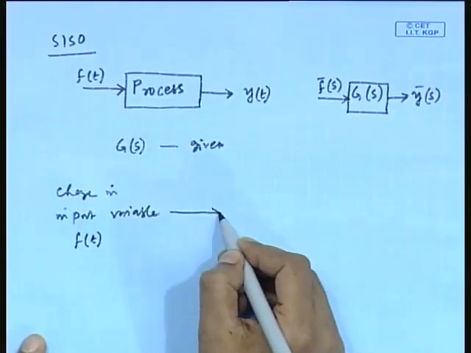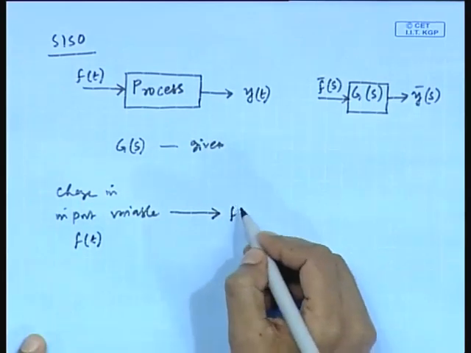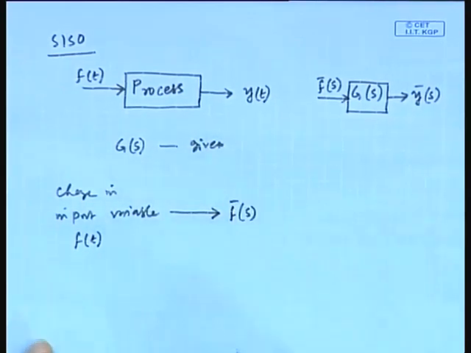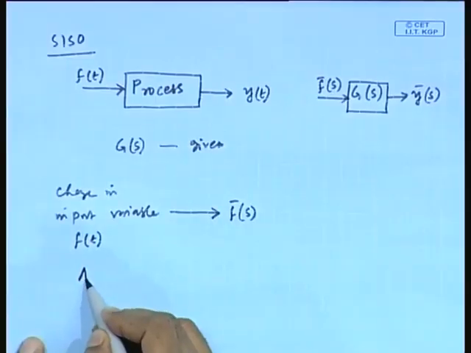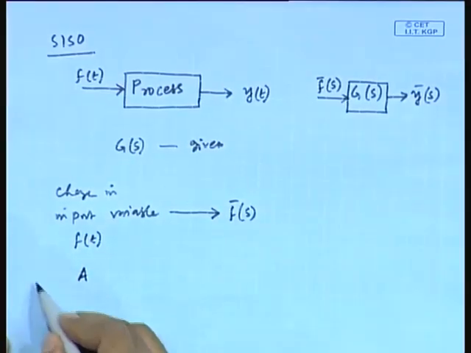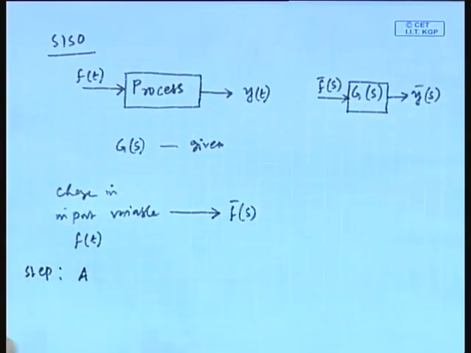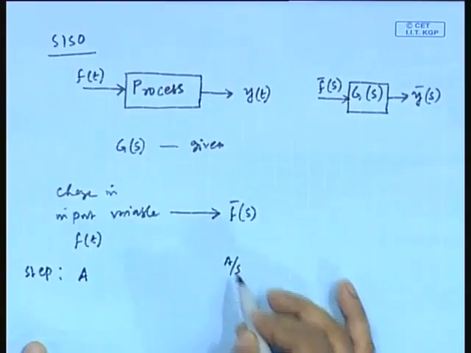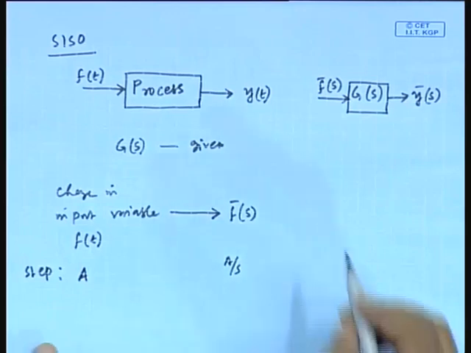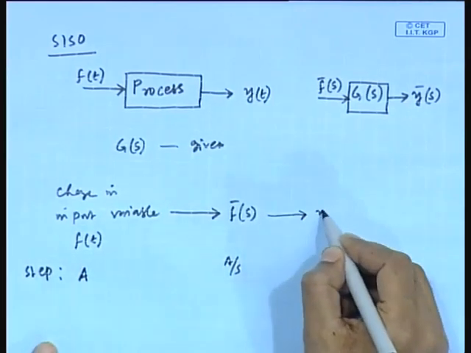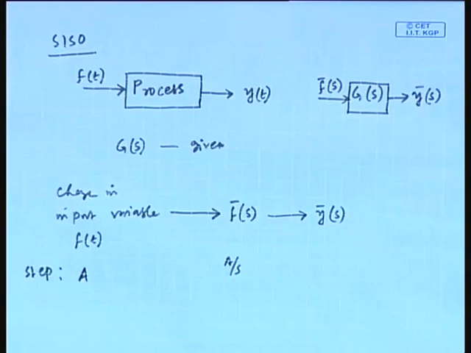Then we can easily transform this F(t) to F(s) by taking Laplace transform. Say for example, if we introduce a step change with magnitude A, we can change it in s domain. How much that will be? A by s. Fine.